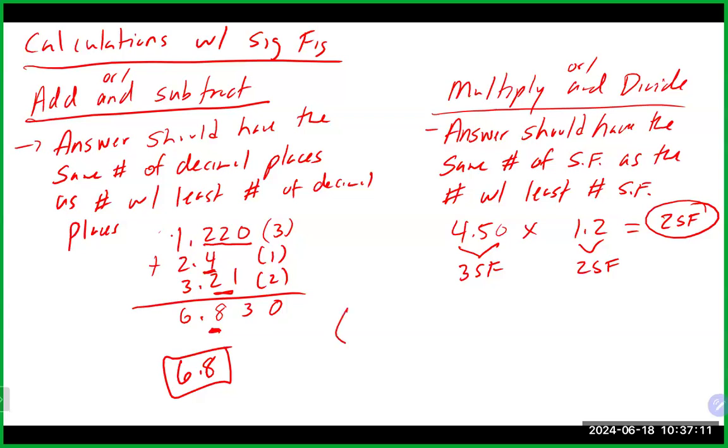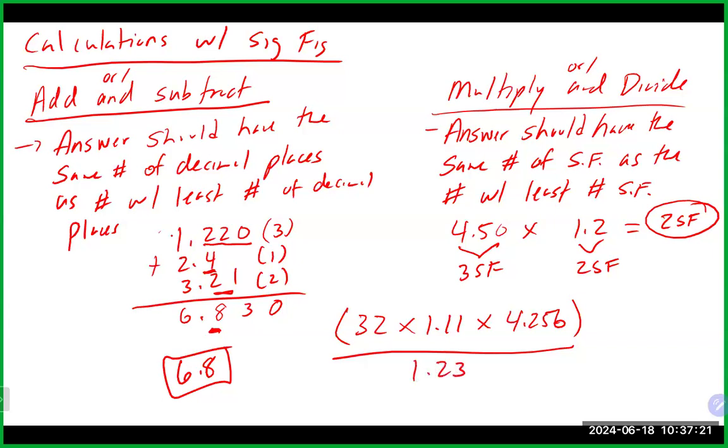So if you had something like 32 times 1.11 times 4.256 and divided it by 123. In this particular case, the first thing we would technically do is the top part in parentheses. And in this case, we're multiplying, so we're going to be looking at significant figures. This has 2 significant figures. This has 3 significant figures.